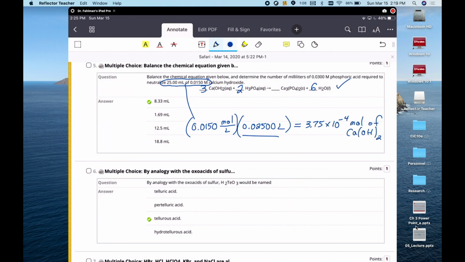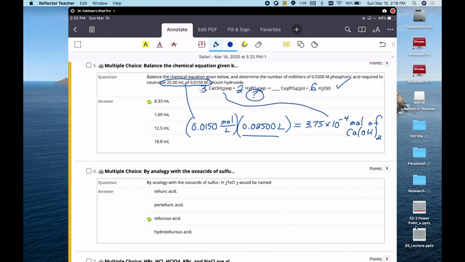So we want to know phosphoric acid, and we don't know this. For you to convert those moles to phosphoric acid moles, that's a 3:2 ratio.